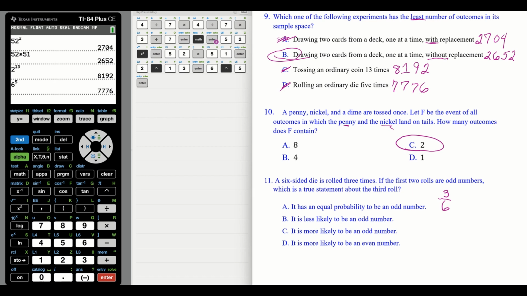It could be 3 odd or even 3 even also, so I disagree with that. It has more likely to be an odd number? No, it doesn't change. It'll be the same. It is more likely to be an even? Well, no, that's not true either because there's 3 even, 2, 4, 6. So A is our conclusion.